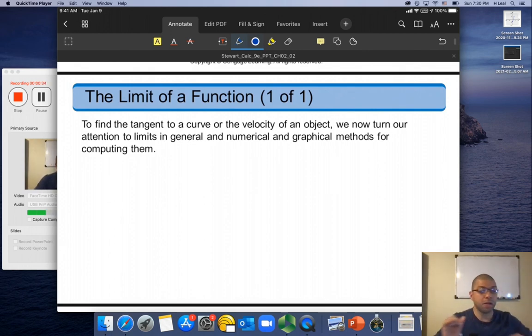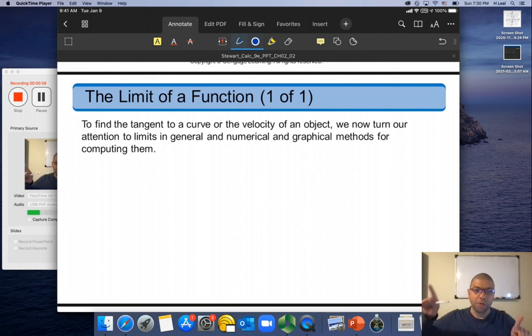Sorry about that. And let's actually go down to it. The idea here is that we're going to talk about the limit of a function. To find the actual tangent line of a graph, which is something we discussed, we need to study limits more heavily because we came up with a strategy: we're going to pick 2 points and make the second point as close to the first one as we want.